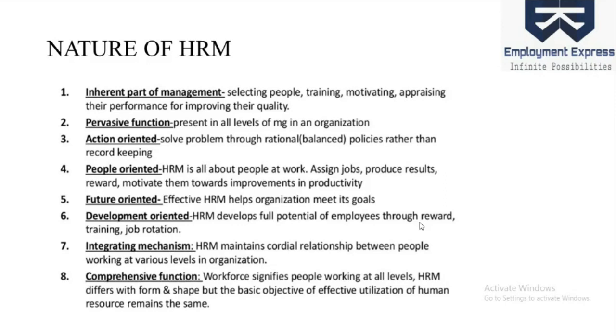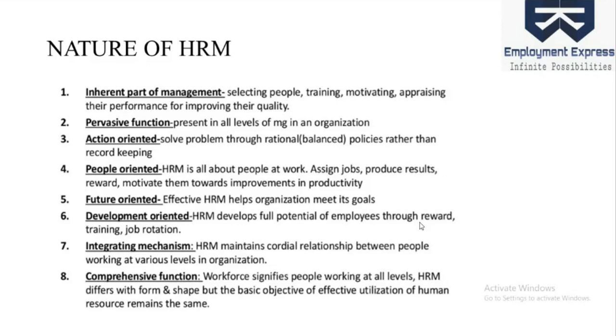Next is pervasive function. It's not a thing that we need only workers. There are basically three levels of management in our organization, and in every level of management we need employees to work. So it is present in all levels of management in an organization. If a person says that we need a person only to work, that is basically wrong.